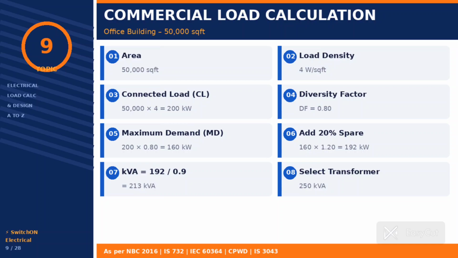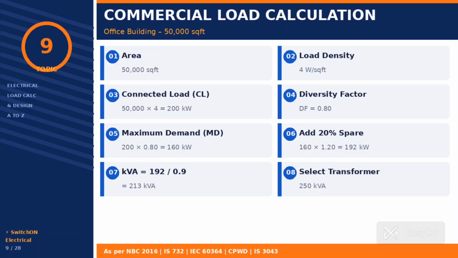There, according to the local regulations, for commercial we have to take 150 watt per square meter, without AC actually. If you consider AC with the load, that is 200 watt per square meter. For residential, it is 75 watt per square feet.